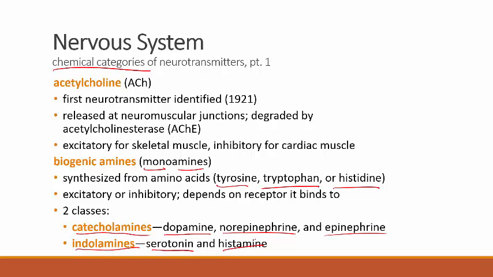So you may have heard of that before. And histamine. Those are both indolamines. MAO, monoamine oxidase, is used to break down these biogenic amines.